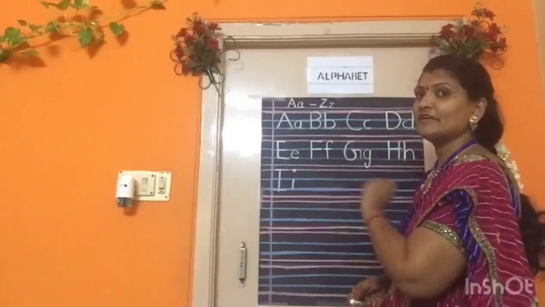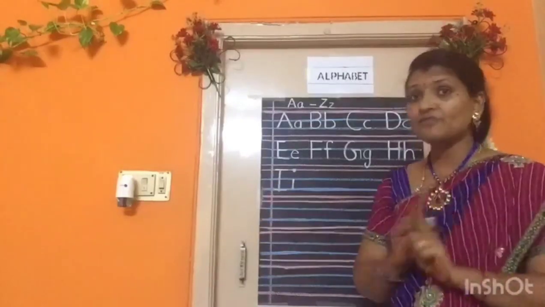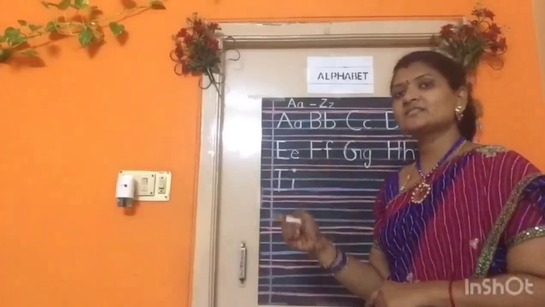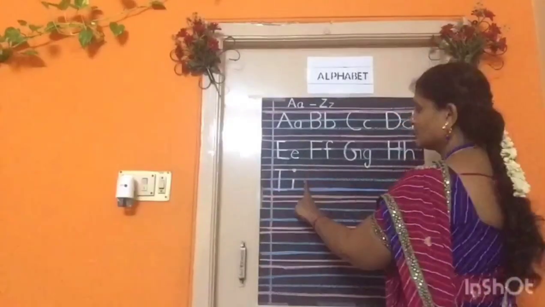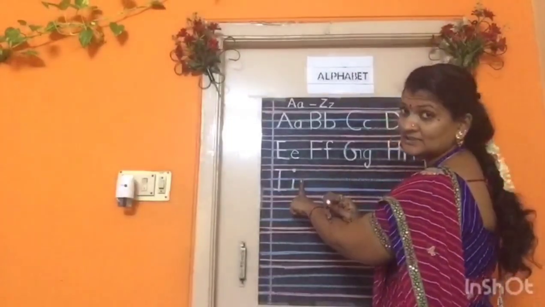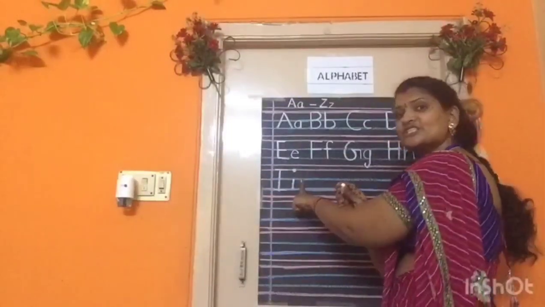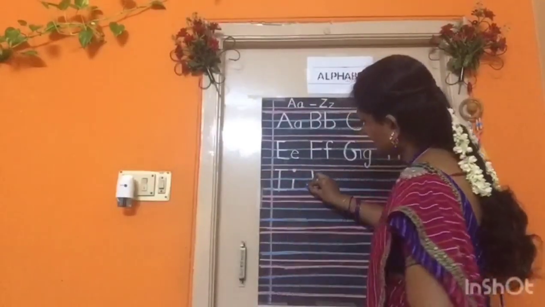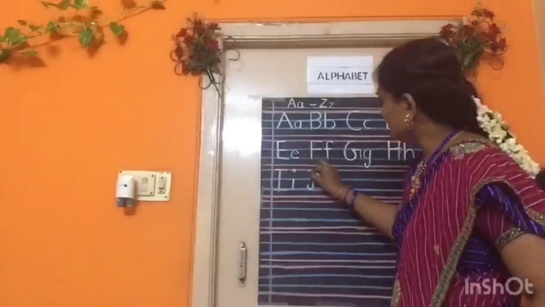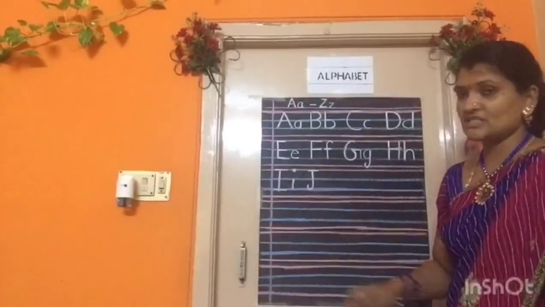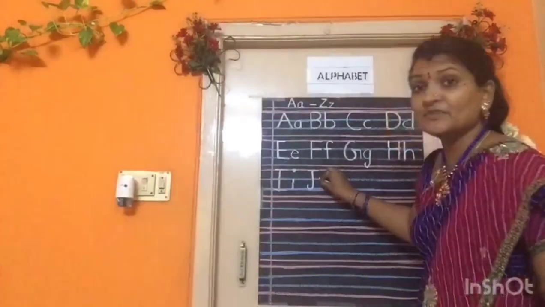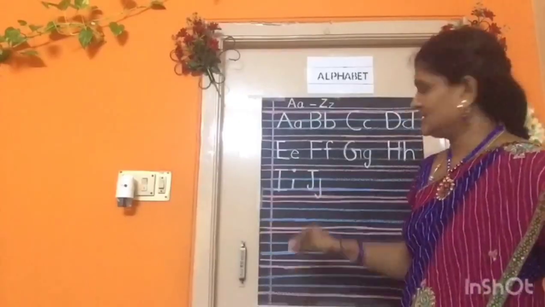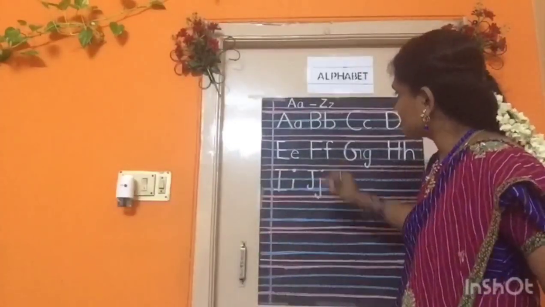Now here you have to give the finger space. When you start on the margin, no need to give the finger space. Once you have finished writing the letter, next you have to give the finger space. Now put the finger. Next comes J. J says J. Vertical line, take curve up, the dot on the first pink line.